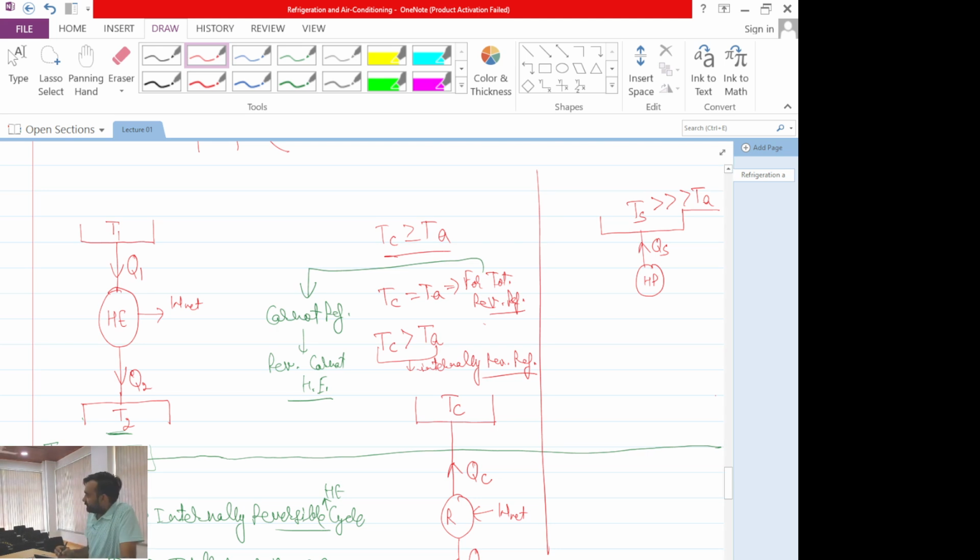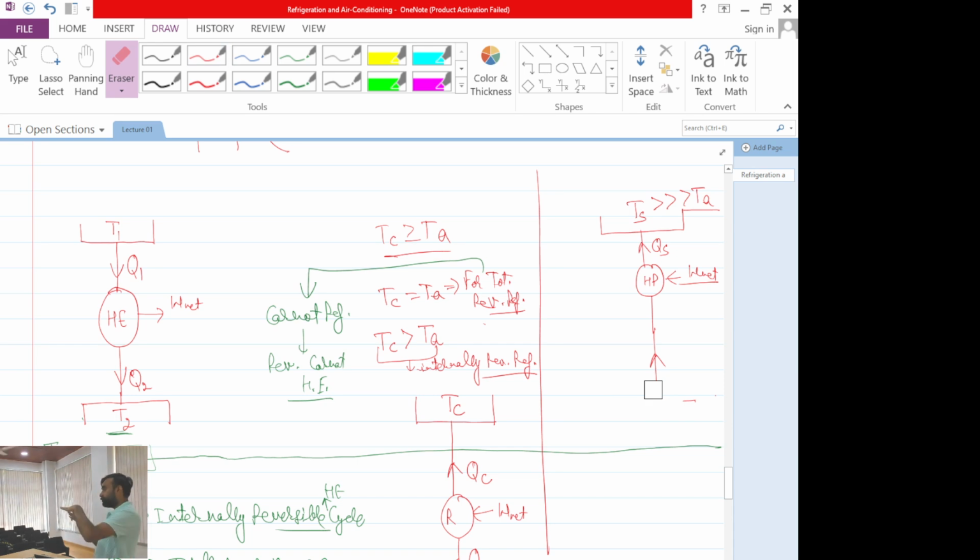So this is QS. Now this will be requiring a certain amount of work, and it has to take heat from where? Atmosphere.